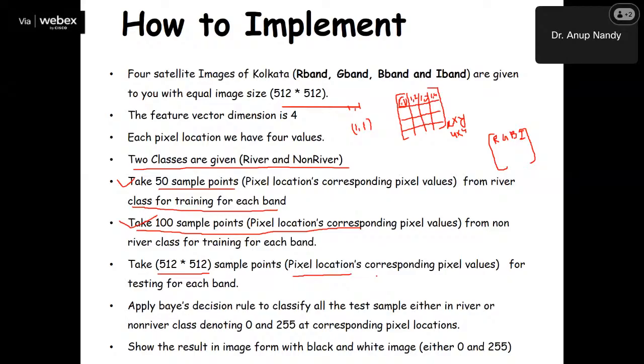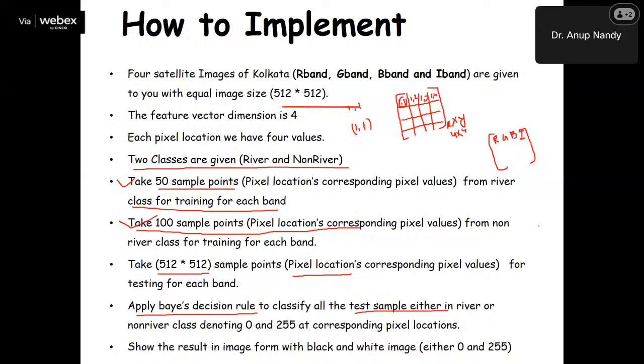Whenever you use this image for testing, if I pick up the first one, then also apply the Bayes rule. When the model is trained, accordingly you can get the answer. Now you have to apply this Bayes decision rule to classify all the test samples, to check whether a test sample belongs to the river class or to the non-river class.